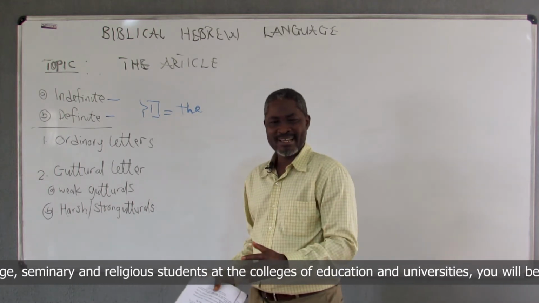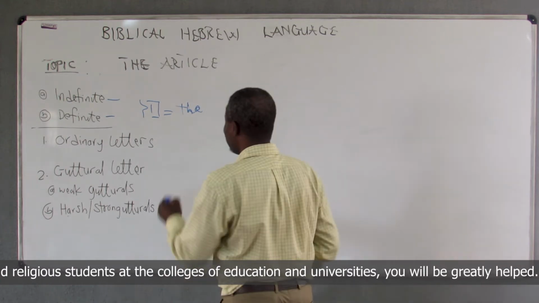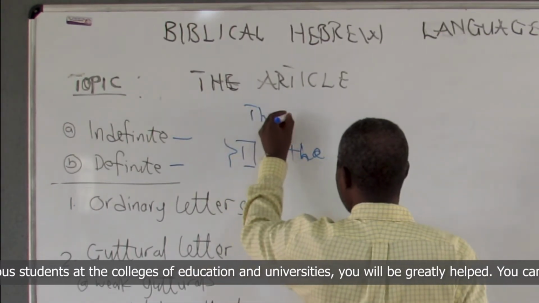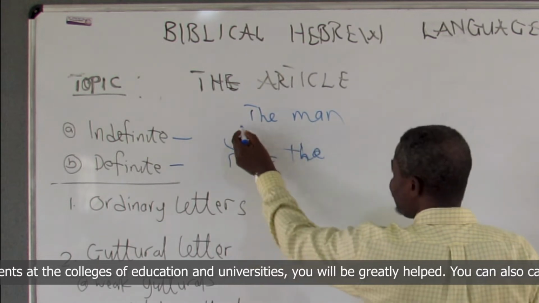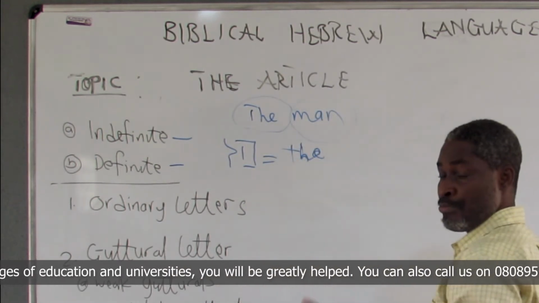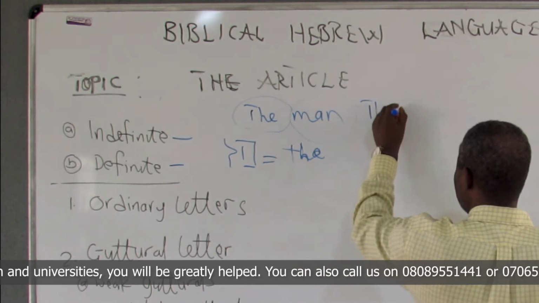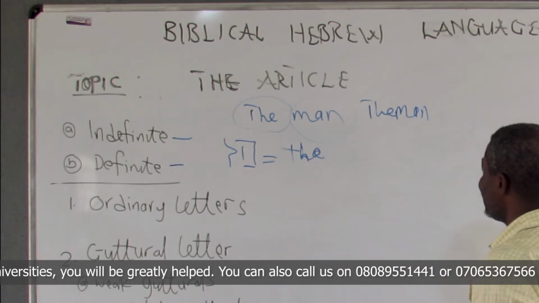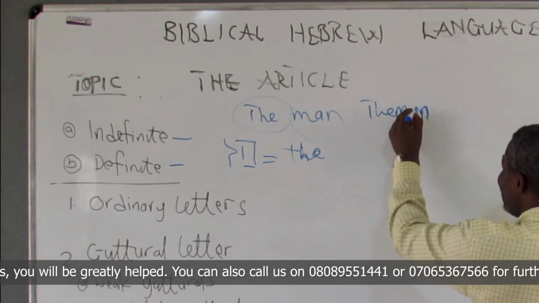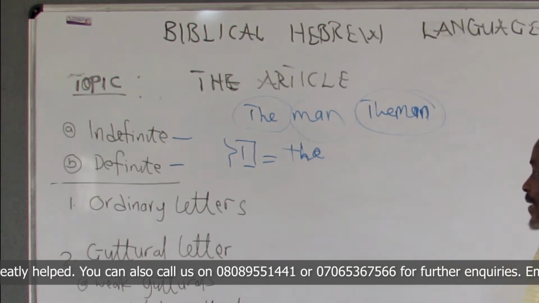They are not separated from the words they govern. For example, in English, you say the man. You separate the article and the word it governs. But in Hebrew, you write it together. The man is written together because it cannot be separated. That's the principle of the language in Hebrew, the man.